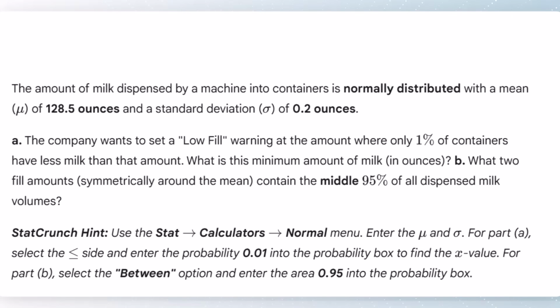So again, here he's giving you the probability, and he wants the x value. So let me show you how to do that in StatCrunch. And he says it's 1% of containers have less milk than the amount.